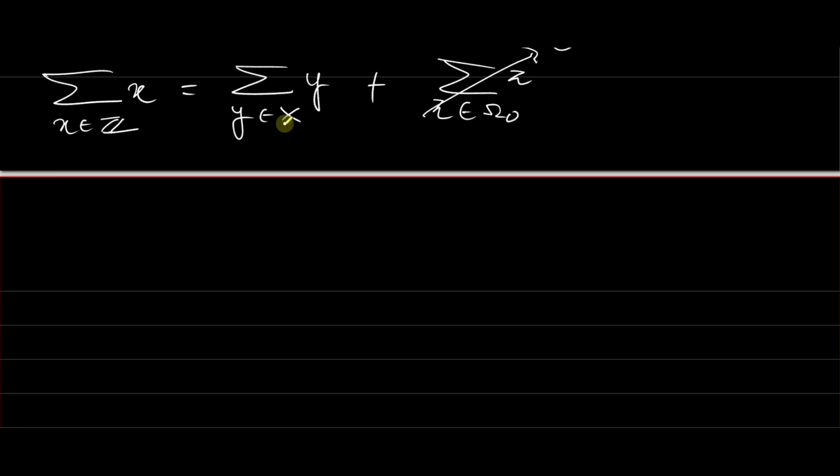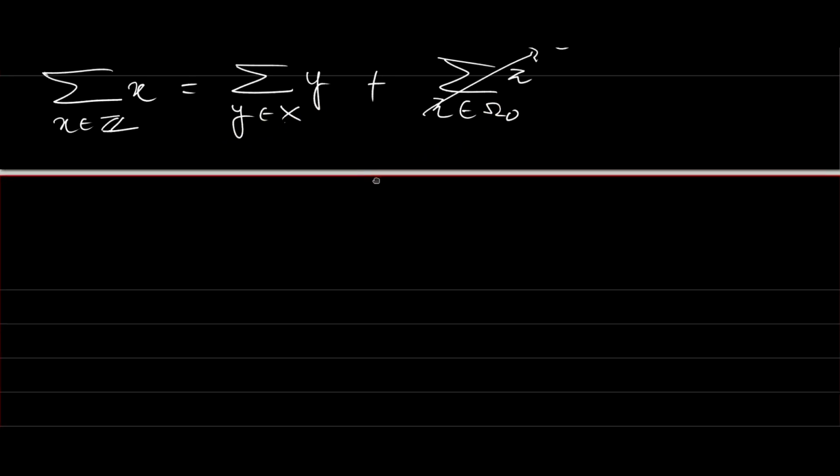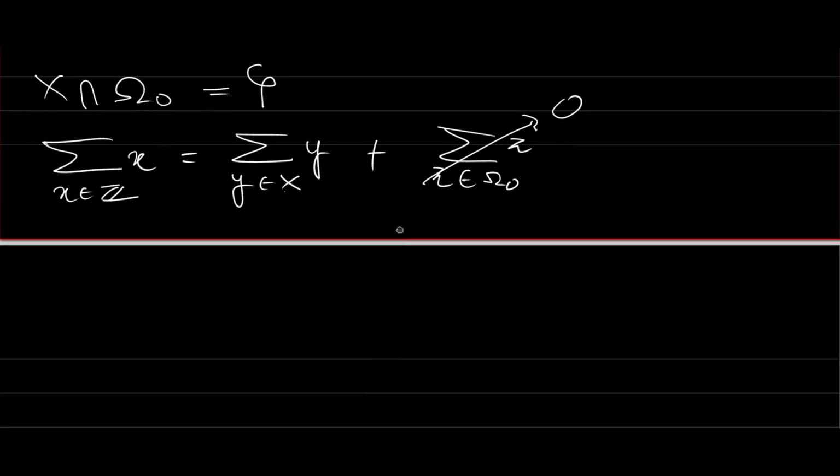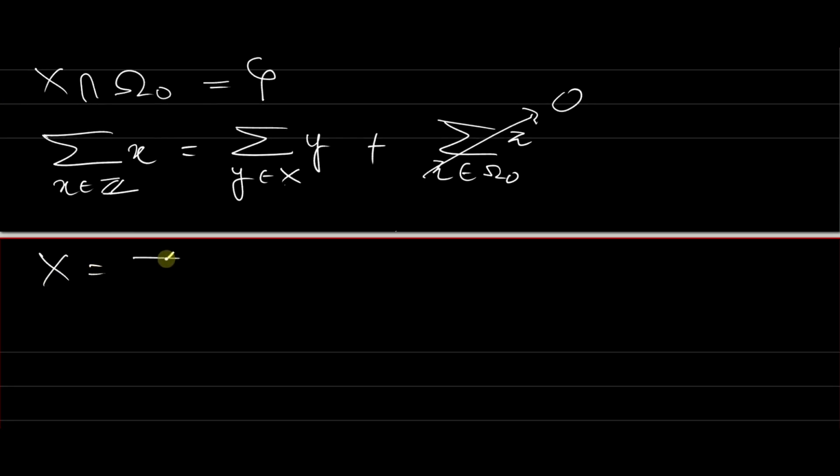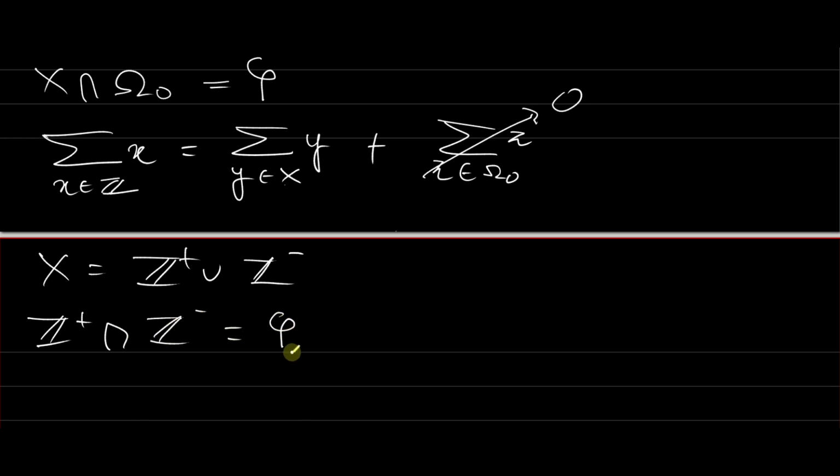Now remember, X is equal to Z plus union Z minus. Now these are positive integers and negative integers. And since positive and negative won't have any overlap, Z plus intersect Z minus is equal to an empty set.